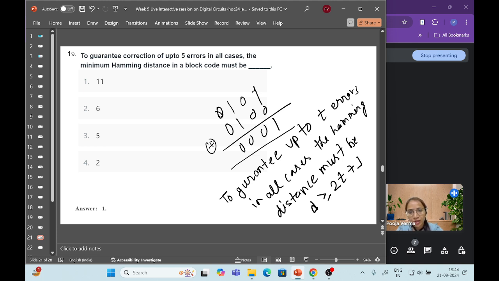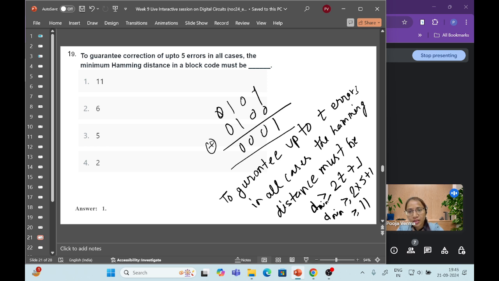Here t is given, that is 5. So for the minimum Hamming distance we take d minimum, because it is the minimum Hamming distance. So 2 into 5 plus 1, that is 11, right? So it will come 11.